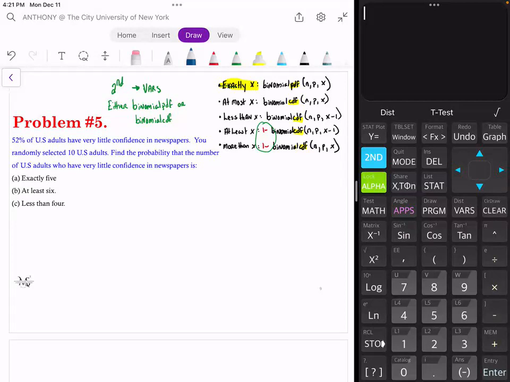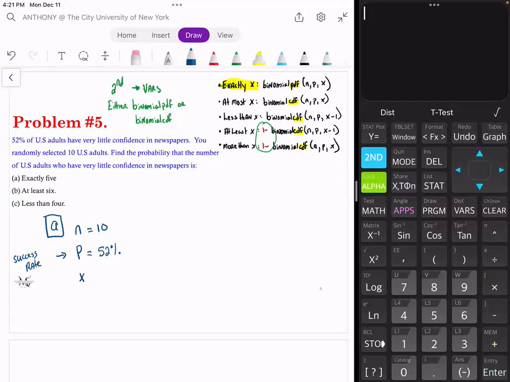When you read part A, the first thing that you would like to do is make sure that you can label your n, p, and x. n is your sample size or total number of trials. So in this case, n is going to be 10. p stands for your success rate, and the success rate in this problem is going to be the 52%.